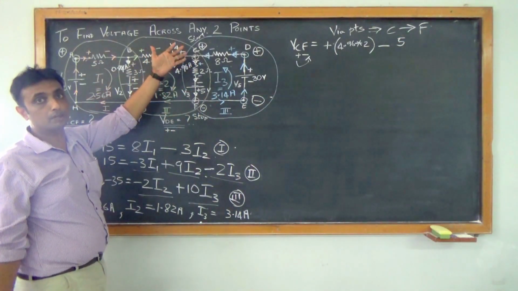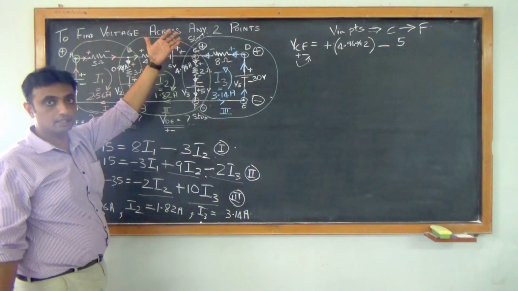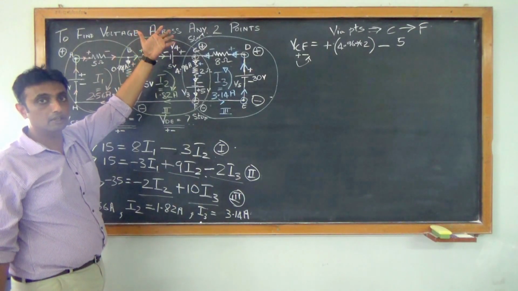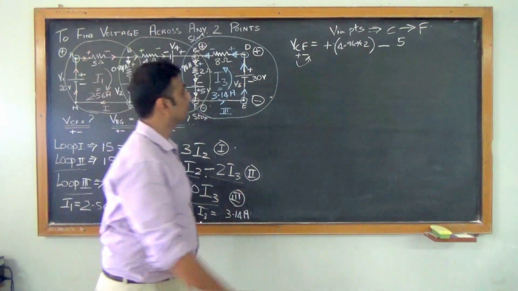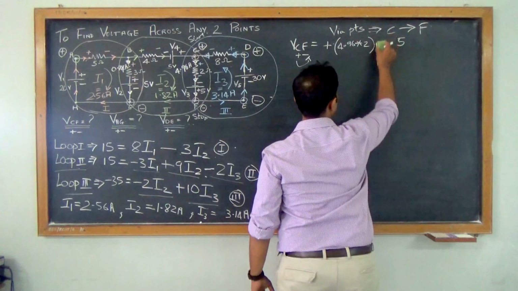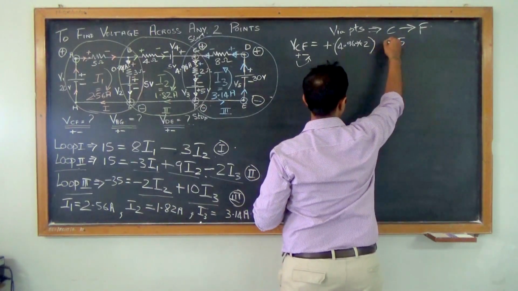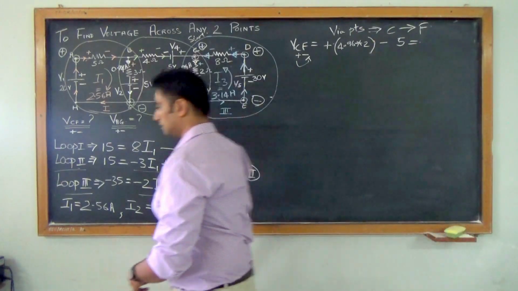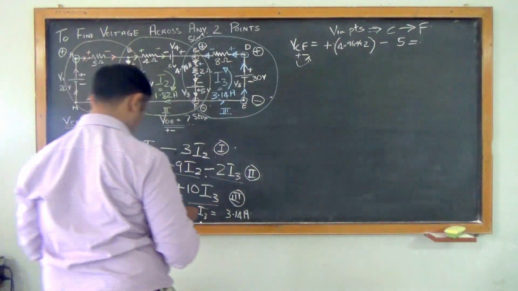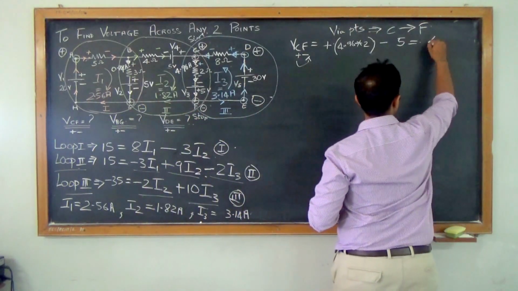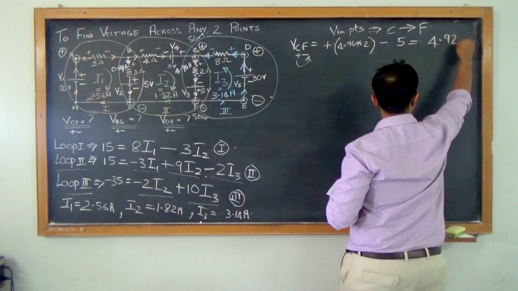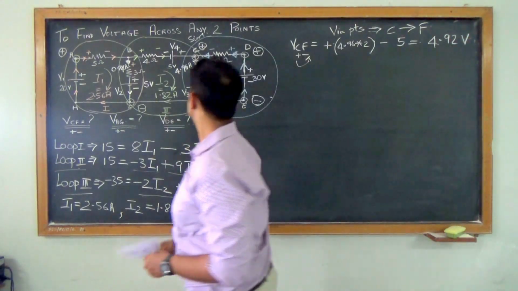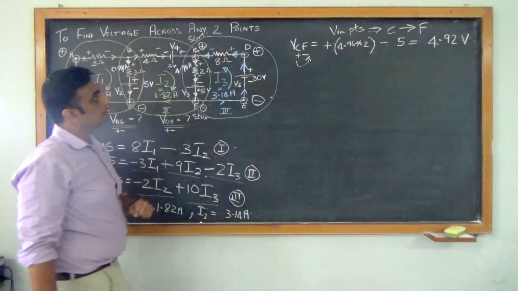So we already have the voltage. We don't need to use any other Ohm's law or any other equation, because the voltage will give us the direct voltage value, which is 5. So we have minus 5. So substituting this, we get the value as 4.92 volts.